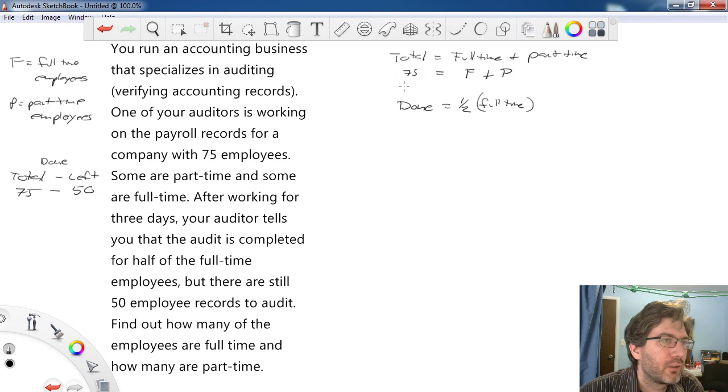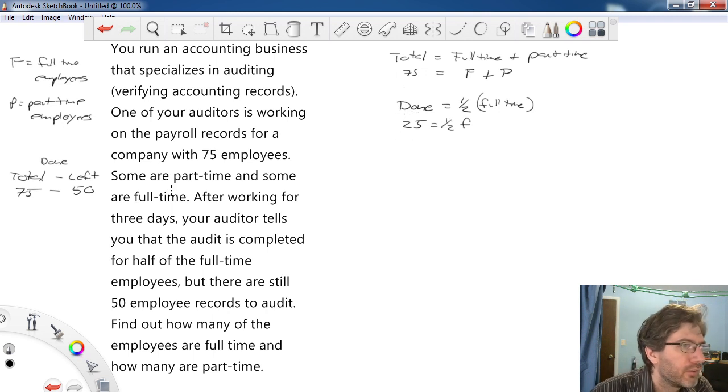So we know that there are 25 that are done, and that represents half the full-time people. So you can solve for full-time right here, and then plug it into this one. But that isn't making sense, because it had to have been done plus some part-time employees.